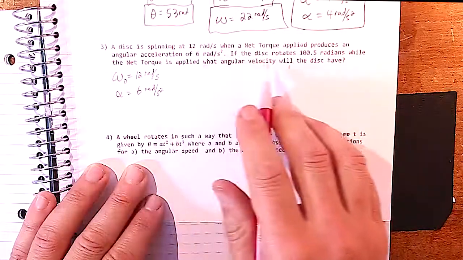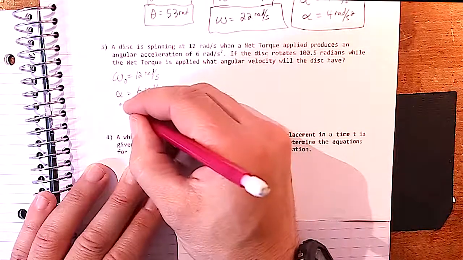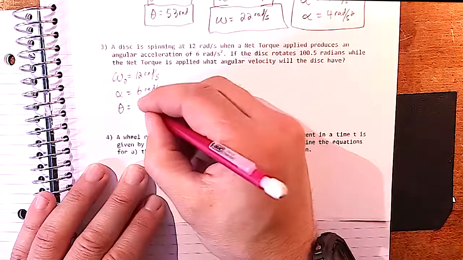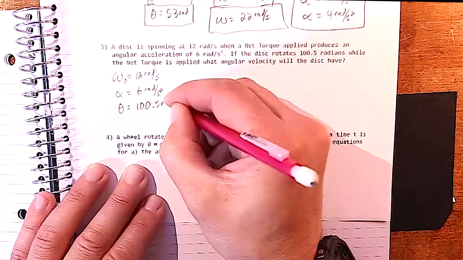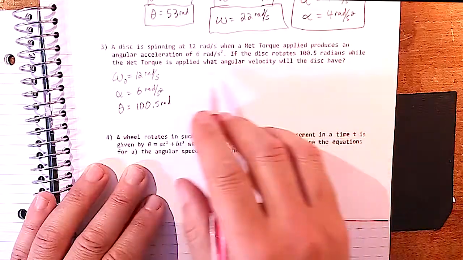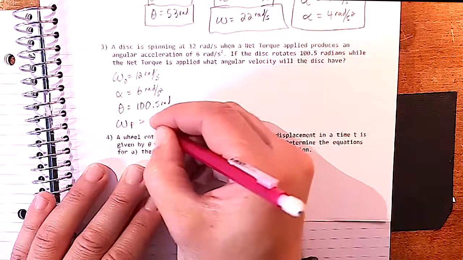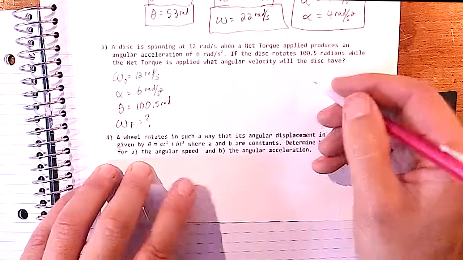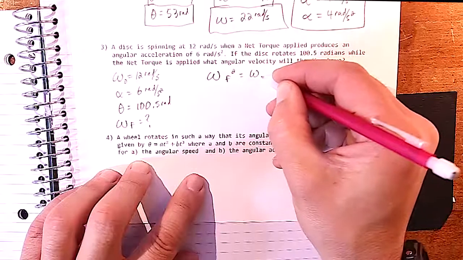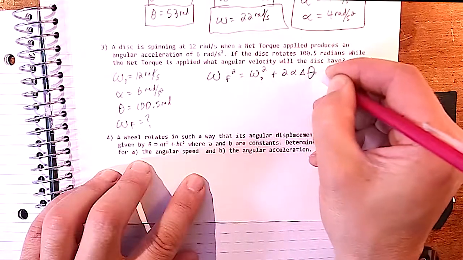And then it says it rotates 100.5 radians. So that means our theta, our angular displacement, is 100.5 radians. And it says what's its angular velocity after this happens. So we're looking for angular velocity final. So that's going to be omega final squared equals omega initial squared plus 2 alpha delta theta.